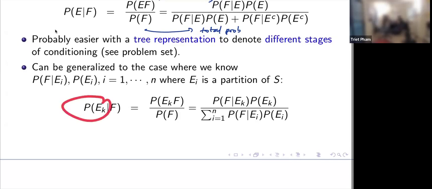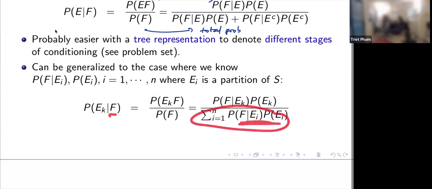Then you can reverse the order of conditioning. But of course, what you need to know is the probability of all the scenarios under question. Again, you can cook up an example here, but let's not go into that.